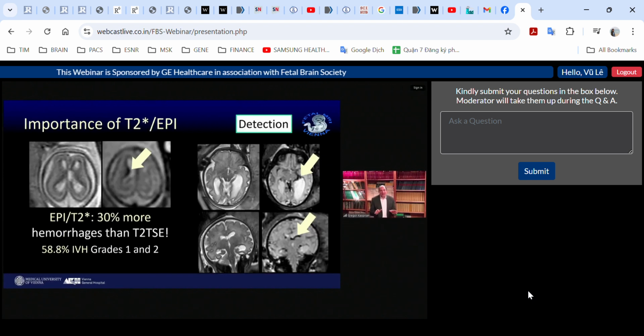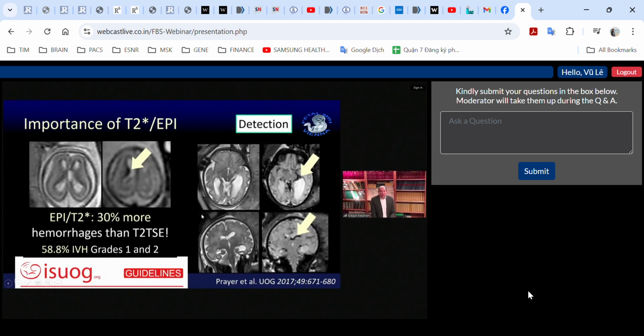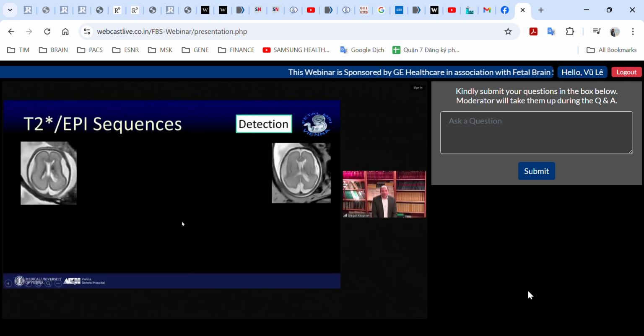Every scanner has it. You don't need any upgrade or whatever. You can just run it. And by the way, it's probably one of the fastest sequences we ever have. It's like 10 seconds, and you have your images, and they are in the meanwhile also in the guidelines for the performance of fetal MRI.